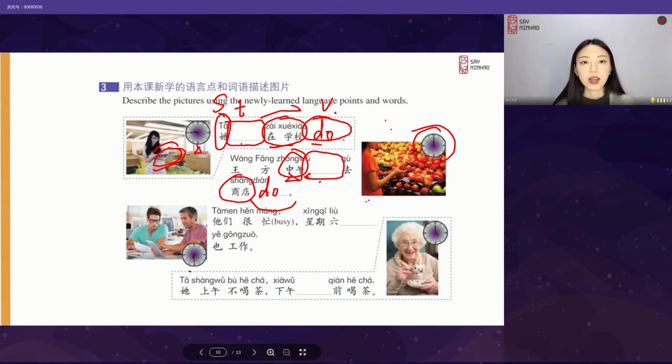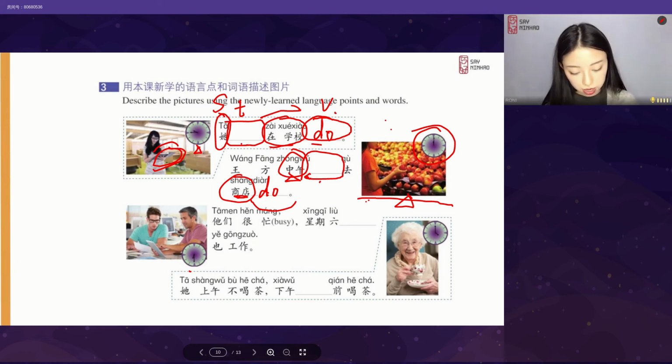So, 王芳中午12点去商店. What is she doing? Buying things. In Chinese, buying things is 买东西, or we already learned fruits, which is 买水果, right? So this sentence is 王芳中午12点去商店买水果.